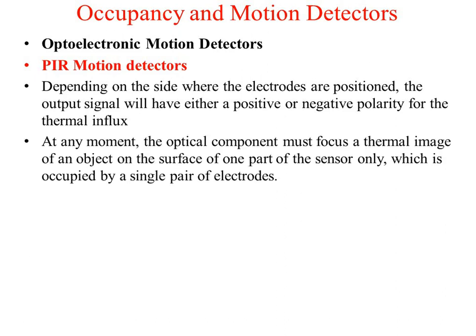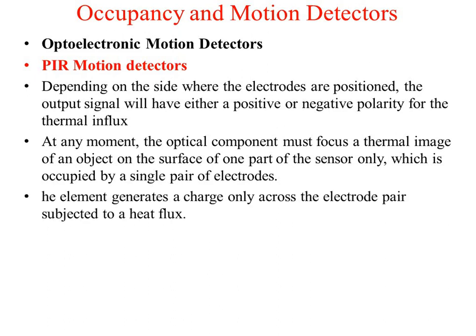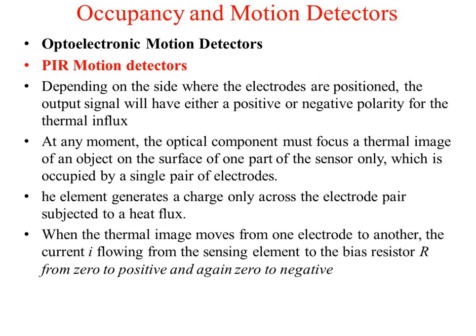At any moment, the optical component must focus a thermal image of an object on the surface of one part of the sensor only, which is occupied by a single pair of electrodes. And the element generates a charge only across the electrode pair subjected to heat flux.